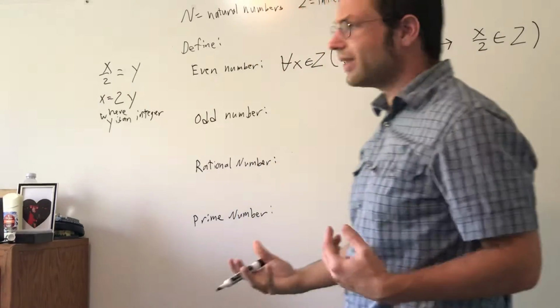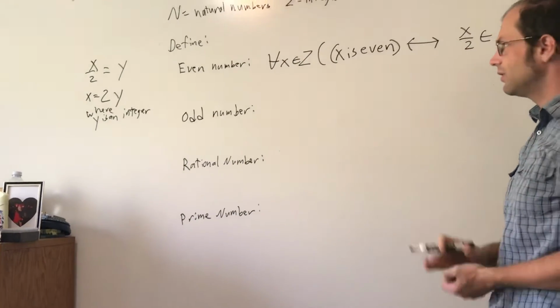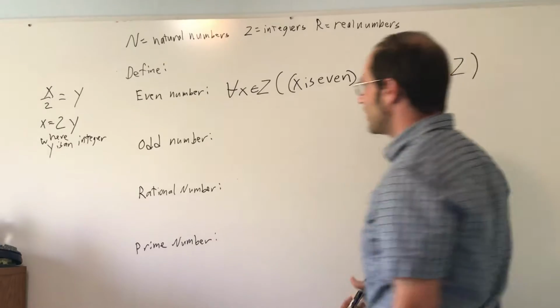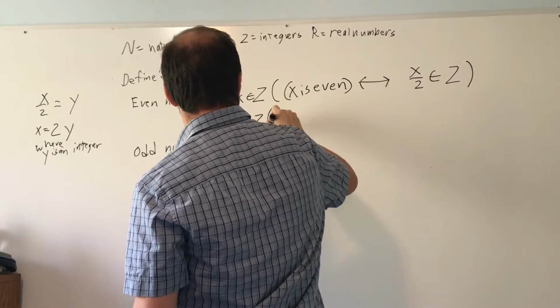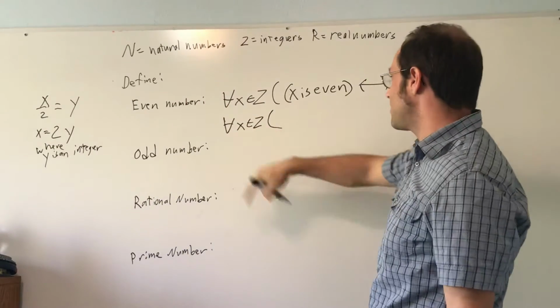And that is the way that mathematicians actually prefer to write the definition of an even number. So it's something that you can describe about integers.